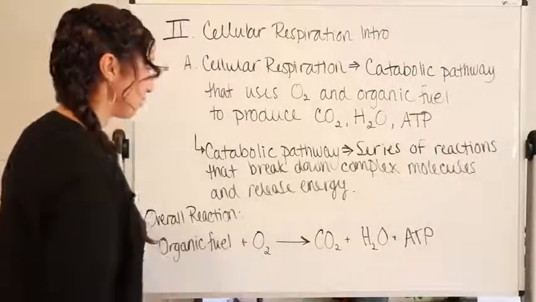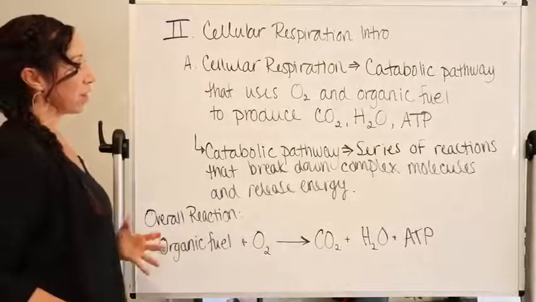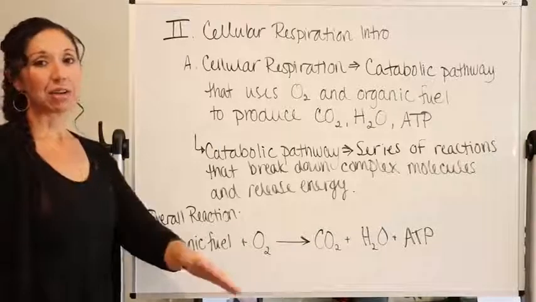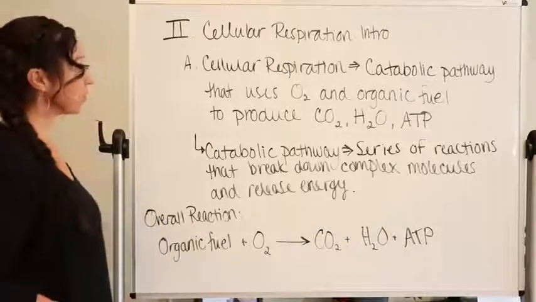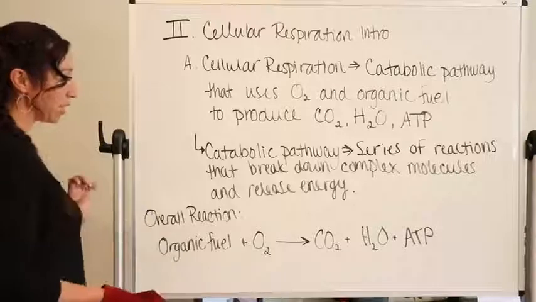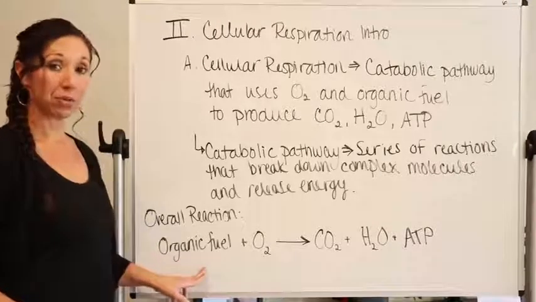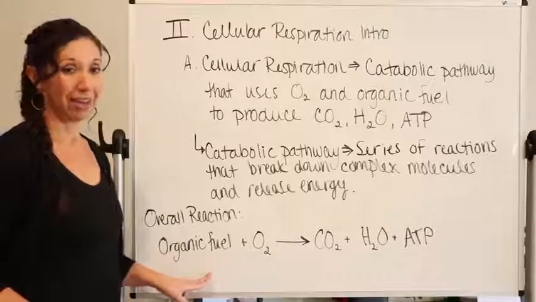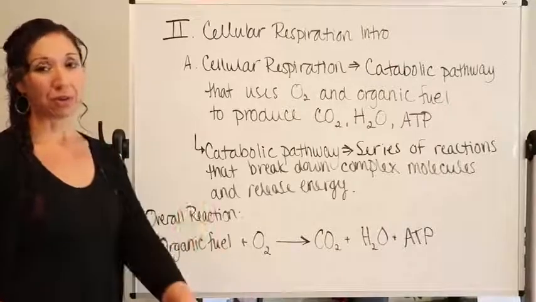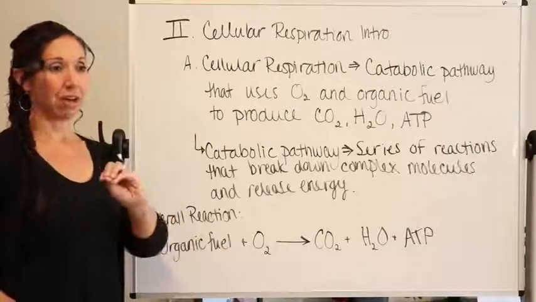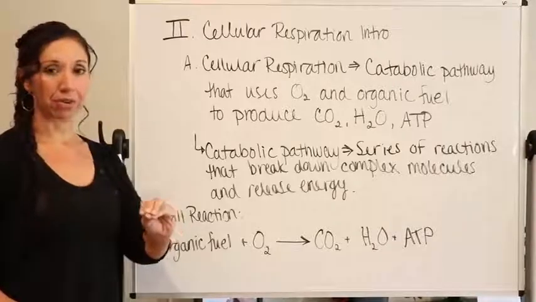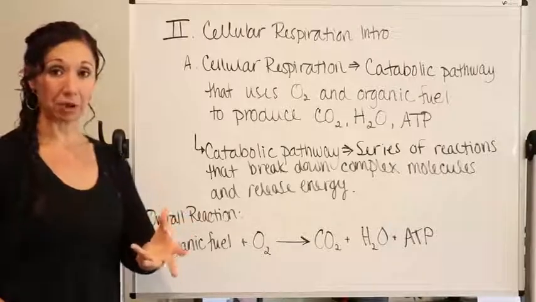So let's specify it for how we are going to study it and how it's studied in every textbook in the world. When we're studying cellular respiration, for the organic fuel that we're going to study, we're going to use the monomer glucose. Remember how important glucose was for carbohydrates and how all of our carbohydrate polymers had glucose as their monomer?